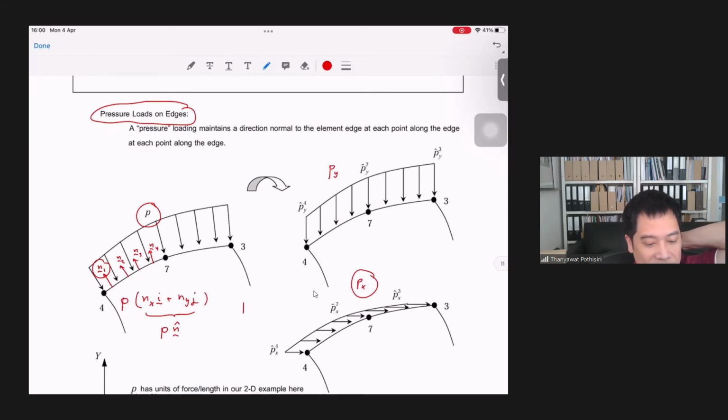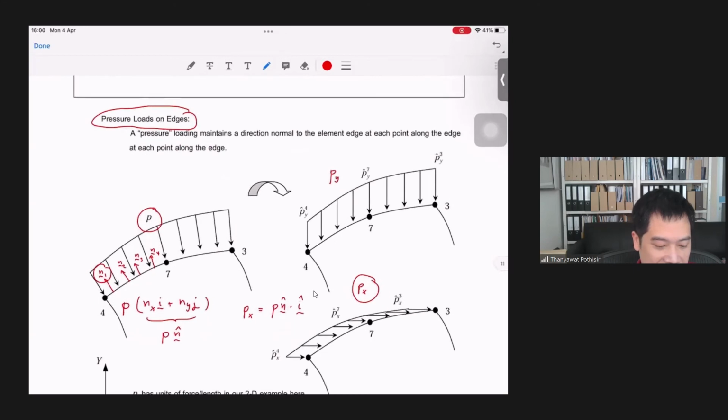So if you want Px, you just dot your P and F with the unit vector in x direction, or the unit vector I, right? So if you do that, then you basically have this component right here, multiplied with P to obtain Px.